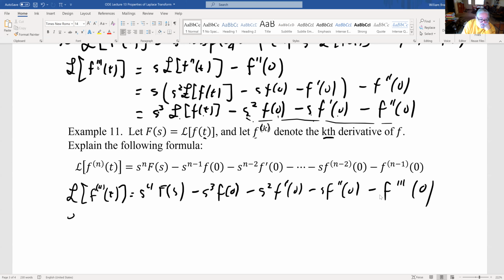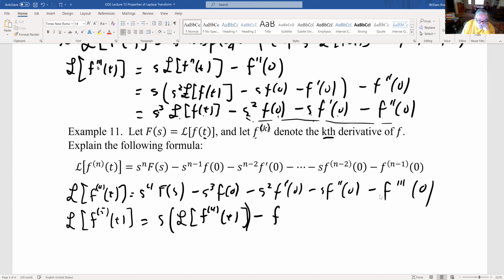Right? And then the Laplace transform of the fifth derivative will be s times the Laplace transform of the fourth derivative minus the fourth derivative at 0.